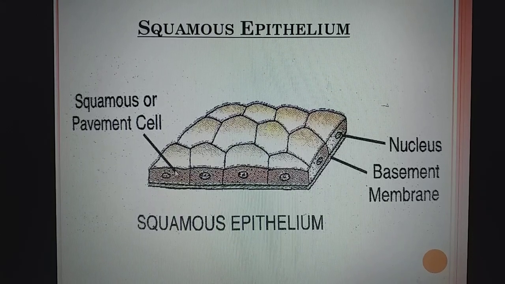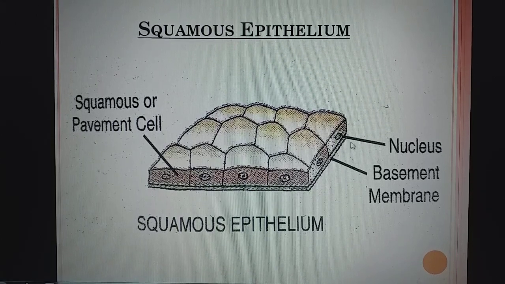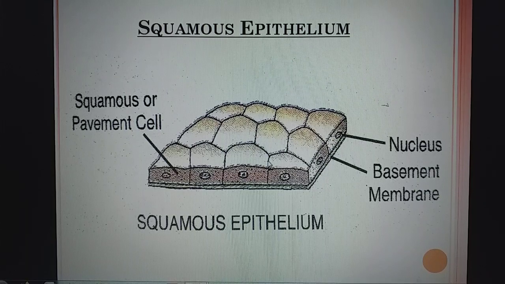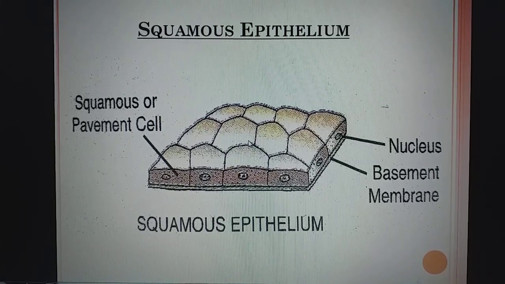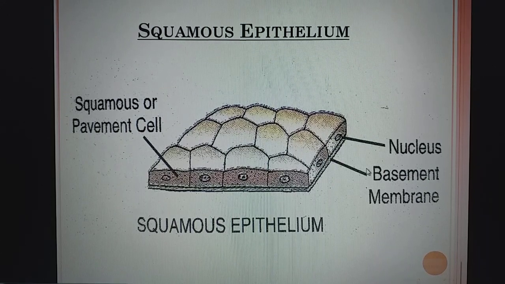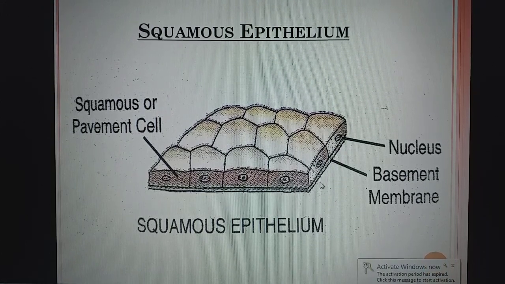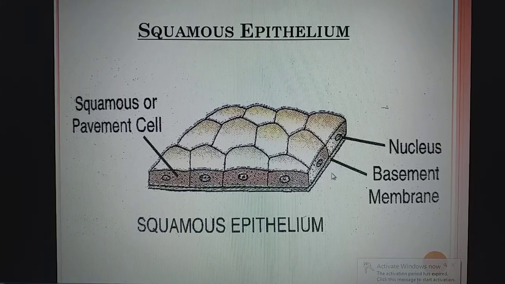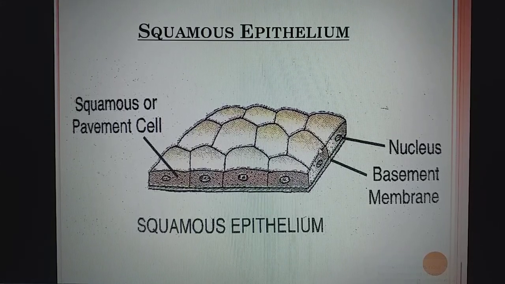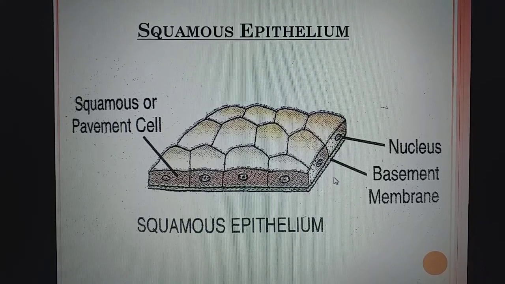Nucleus is there, and one thing: all the epithelial tissue lies on the basement membrane. This basement membrane forms the lining between the epithelial tissue and the connective tissue lying under it.